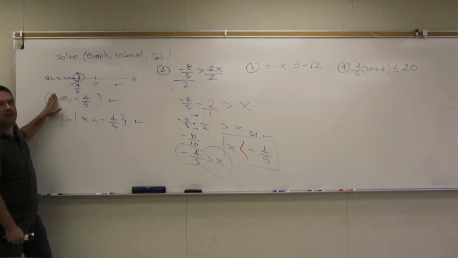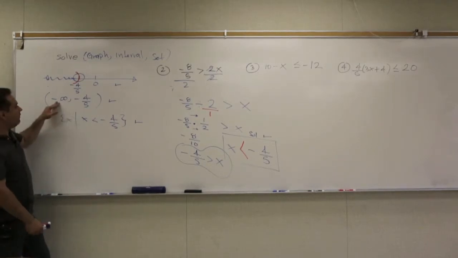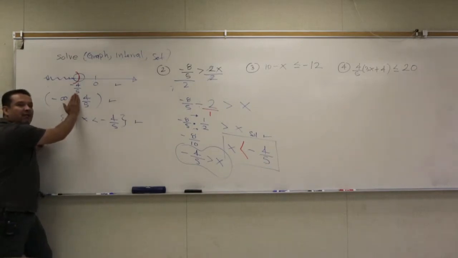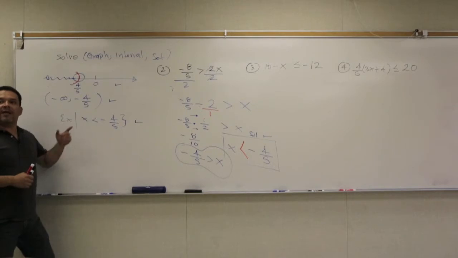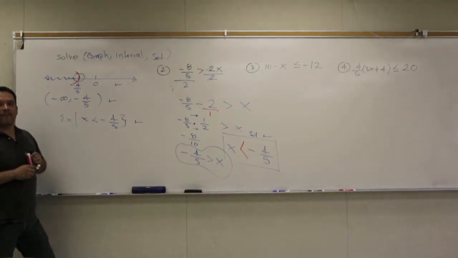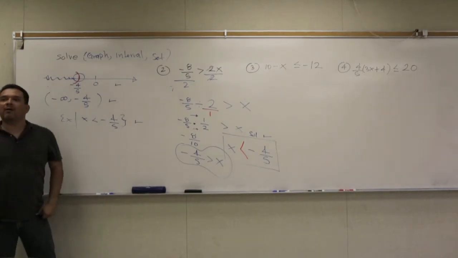Is that okay? No. Because what? It's negative infinity. What if they put negative infinity and a positive 4 fifths? Is that okay? No. Why not? It's negative 4 fifths. Yeah. What if they didn't have the little set of these here? Mark it wrong.